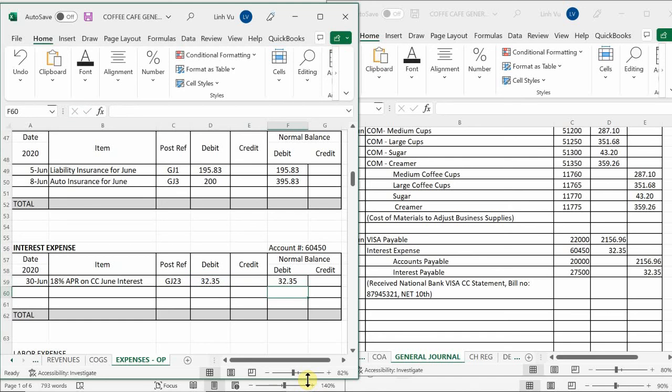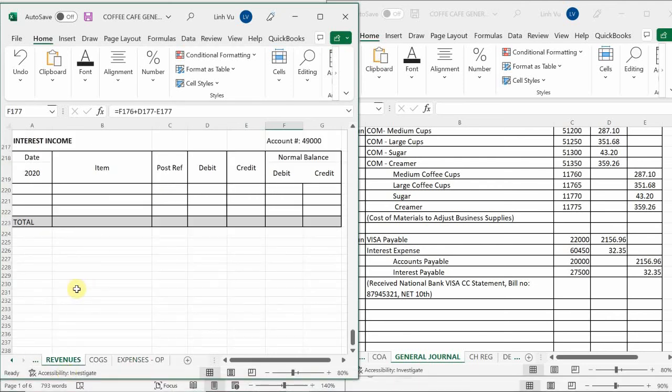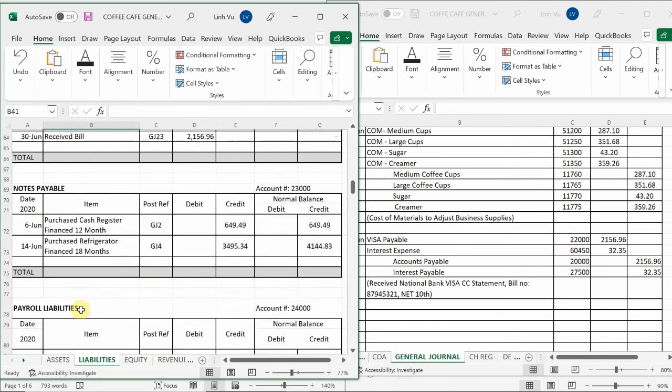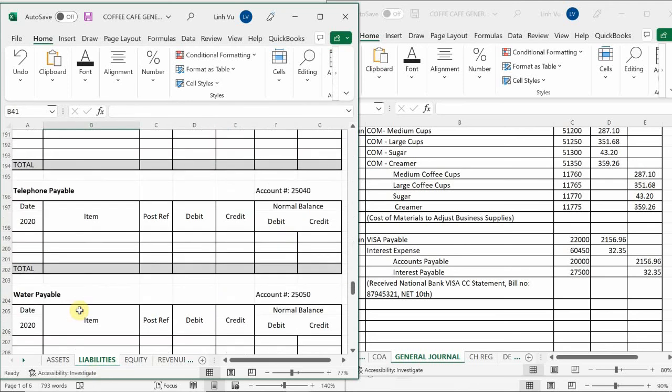And of course, you need to do your interest payable, because we're not paying it now. We're choosing to pay later. So, under liabilities, you're going to go to interest payable.